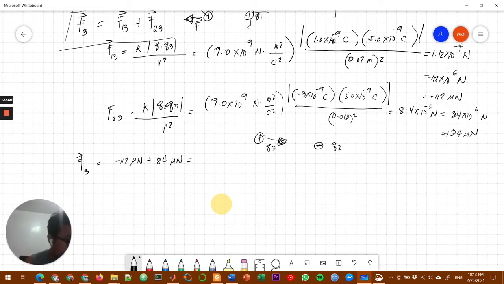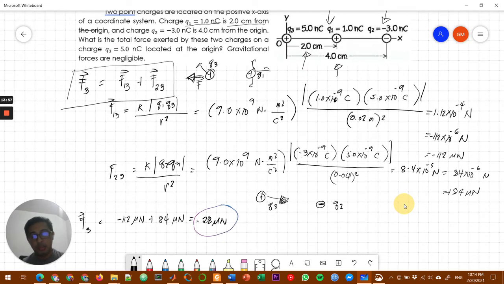If you calculate that, it becomes negative 28 micronewton. So the implication is the final result is negative, negative 28 micronewton. So the net force is going to the left. Q1 has a greater contribution because it's closer, right? So that's the overall force felt by Q3.